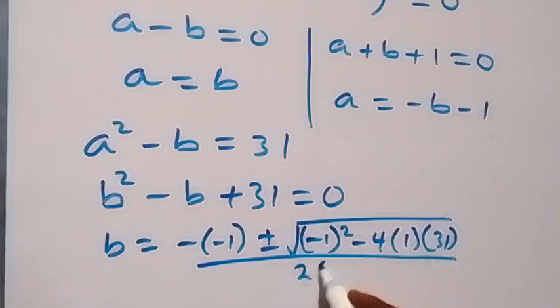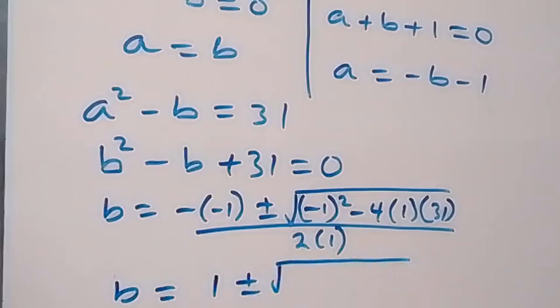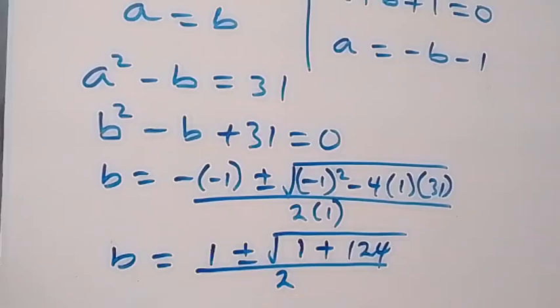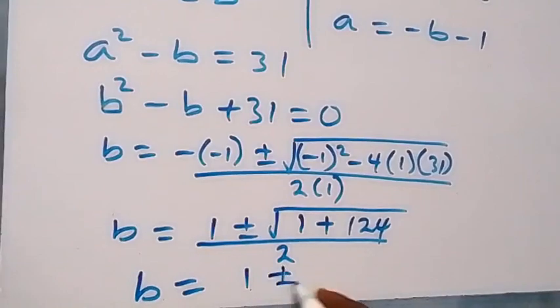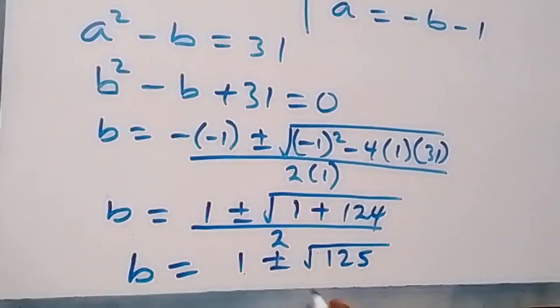over 2 times 1. Then here we have B now equals 1 plus or minus square root of 1 plus 4 times 1 times 31, we have 124, then over 2. Then from here, this becomes B equals 1 plus or minus root 125 over 2.